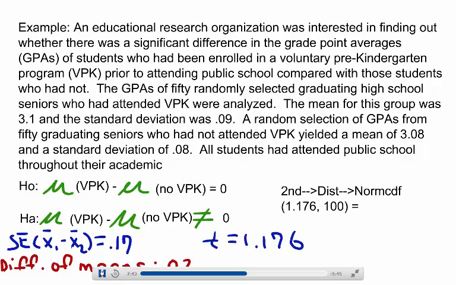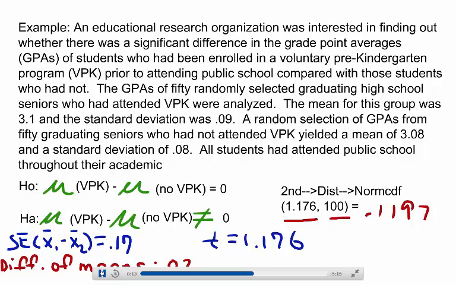Second, distribution, normal CDF. For your lower bound, you'll type the t-score, 1.176. Our upper bound will be just some value off the curve, 100. Press enter, and that will give you a p-value of 0.1197.